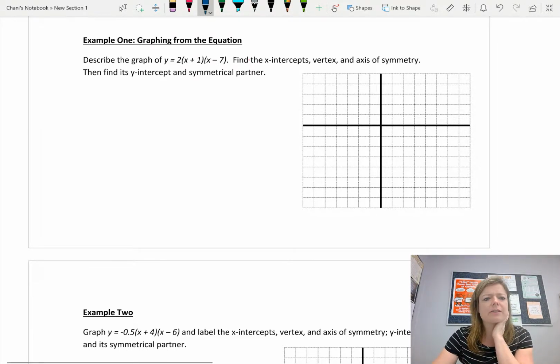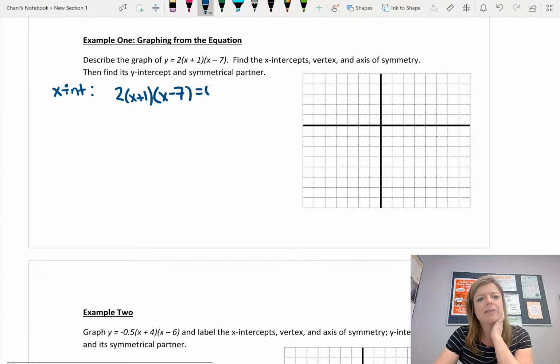So the x-intercepts, we'll find them first because this is in factored form. So we take our equation 2 bracket x plus 1 bracket x minus 7 and set it equal to 0. So again, either x plus 1 has to be equal to 0 or x minus 7 has to be equal to 0.